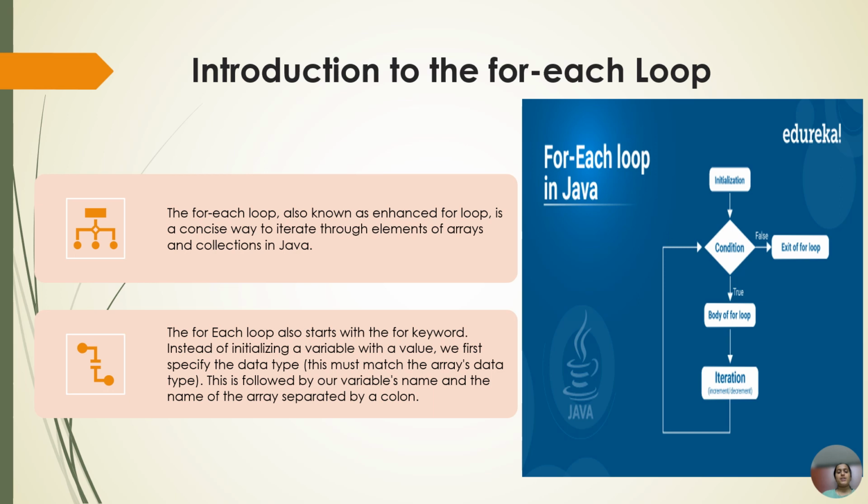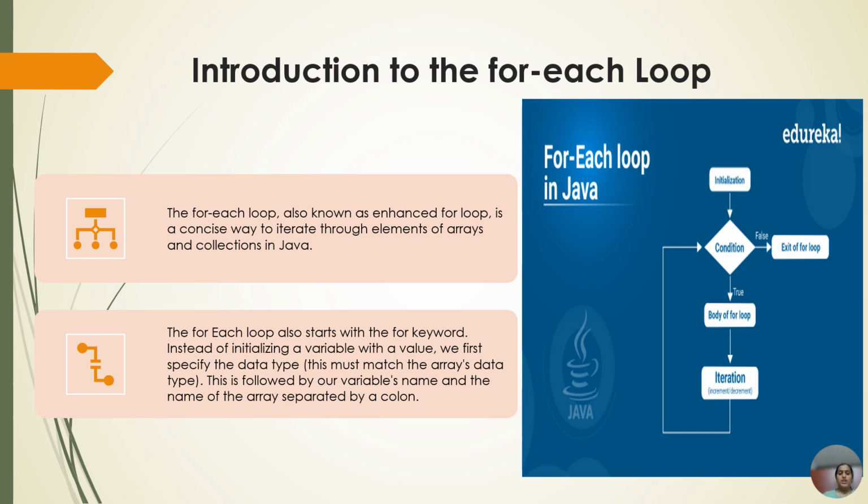Instead of initializing a variable with a value, we first need to specify the data type. This data type must match the array's data type. This is followed by our variable's name and the name of the array separated by a colon.